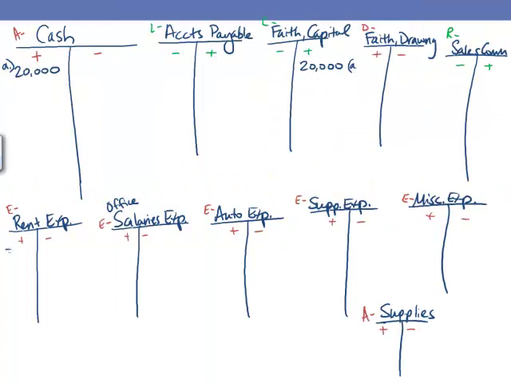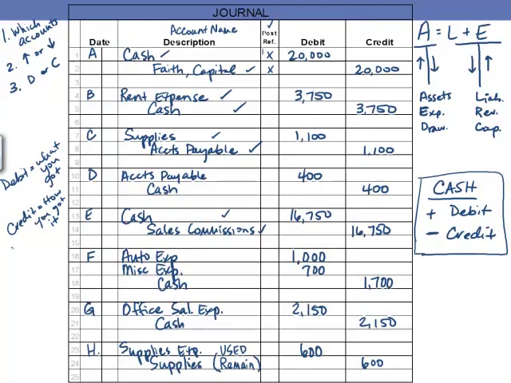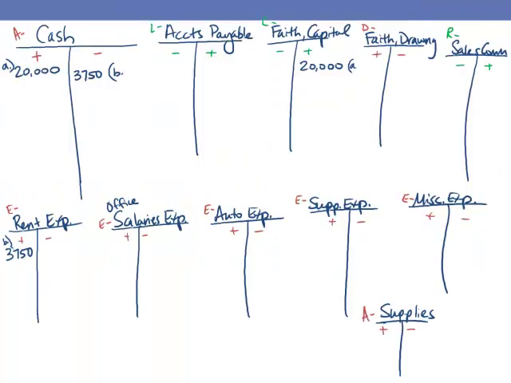Rent expense, debit, cash, credit, $37.50, and this is B. Supplies and accounts payable, $1,100. So supplies is debited, $1,100. Accounts payable, credited, $1,100.